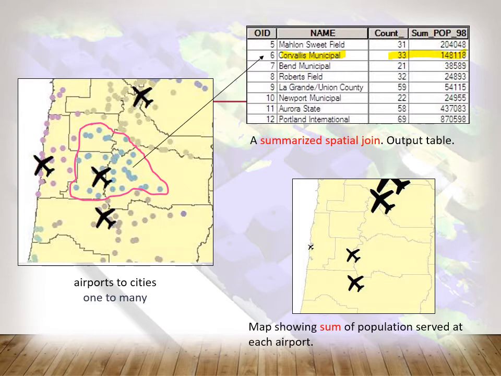And you can see that when you map it out over here, certain cities have different colors depending on which airport serves it. So down here shows a map, and it's a graduated symbol. The larger the airplane, the higher the population that airport serves.